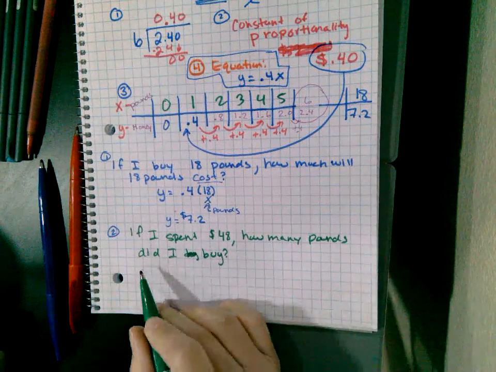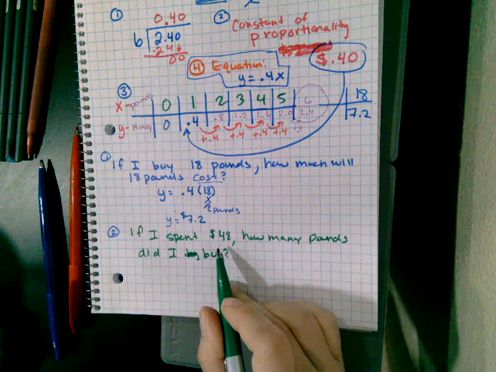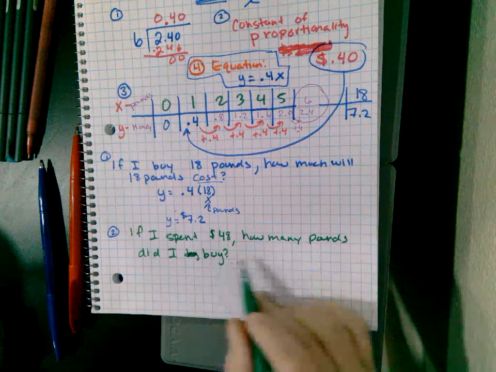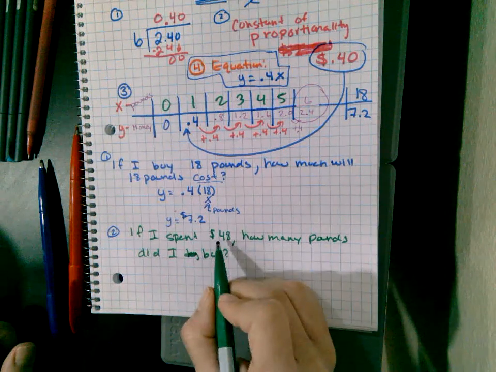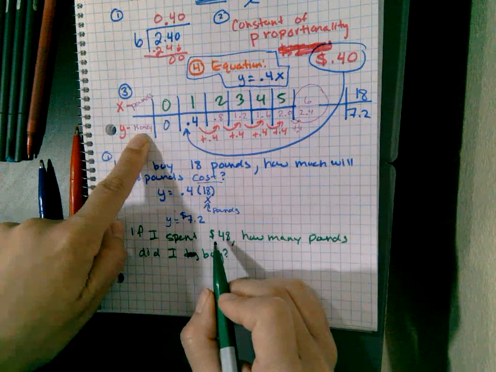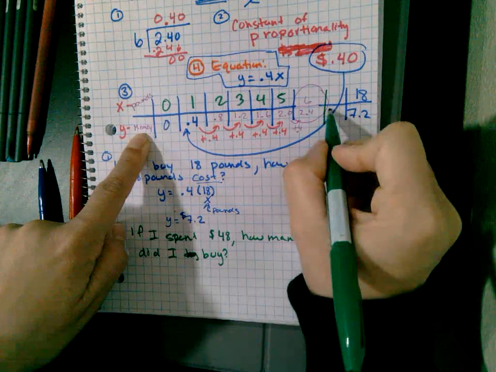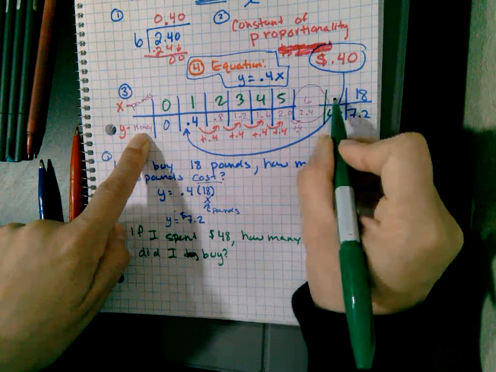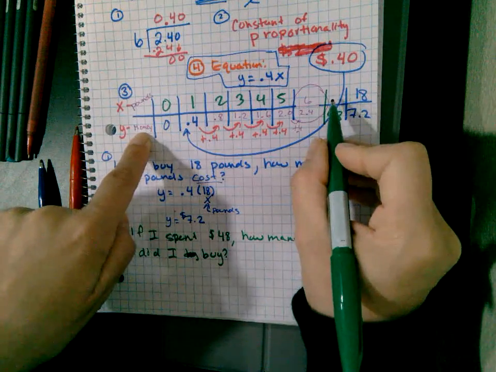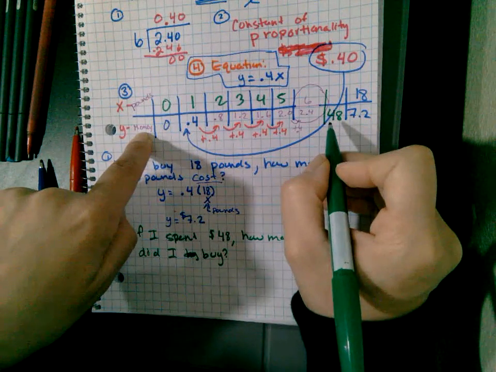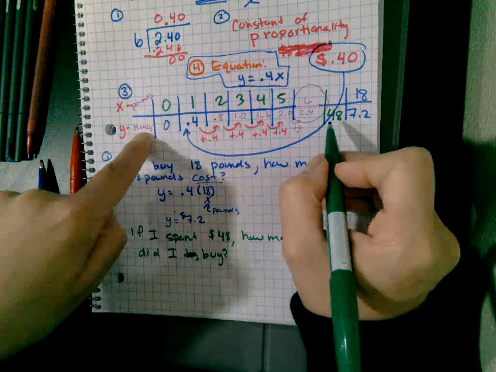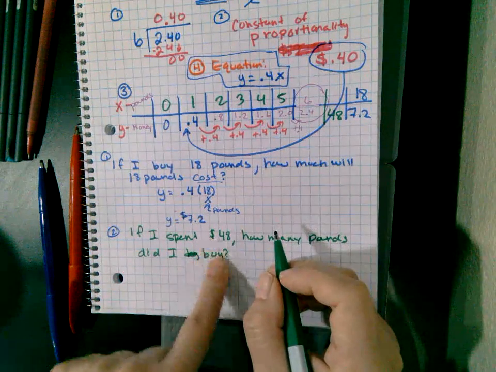Okay, so if I spent $48, how many pounds did I buy? So now $48 is my money, right? So it would be if I put 48 at the bottom, I'm looking for x, looking for, well, how many pounds did I buy with $48? Not 48 pounds, but $48. Okay, so money is my y.